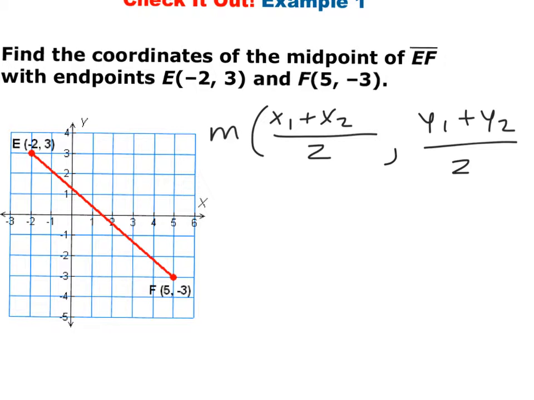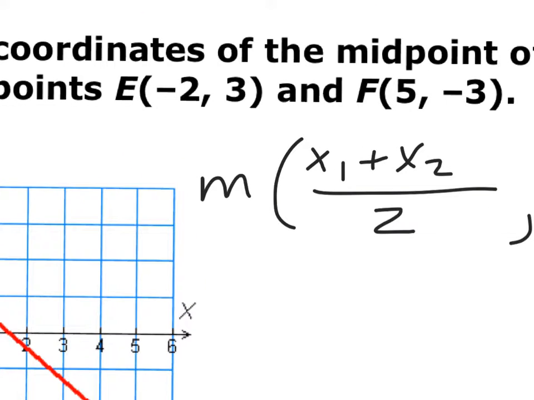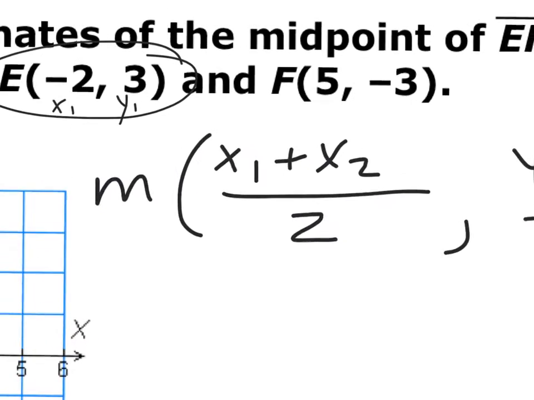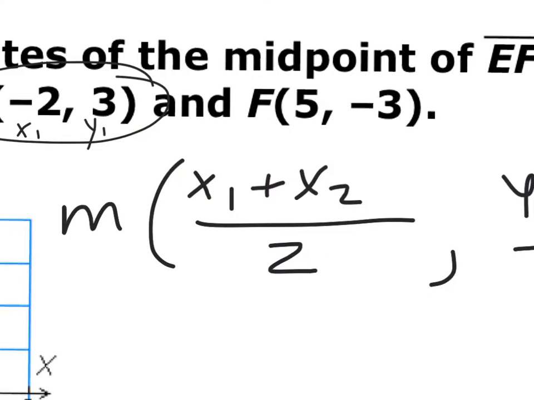Since this is our first point, negative 2 would be our x1, 3 would be our y1, and since F is our second point, 5 would be our x2, and negative 3 would be our y2.